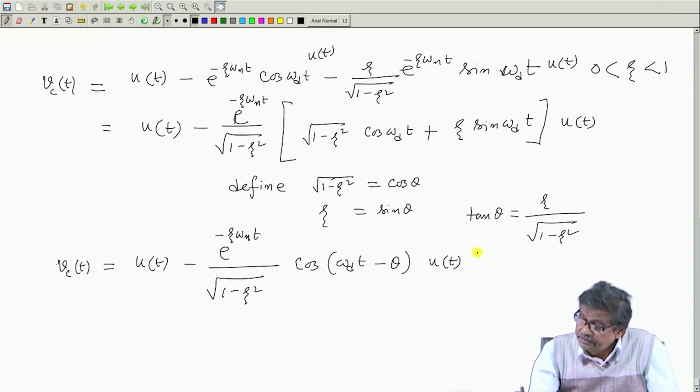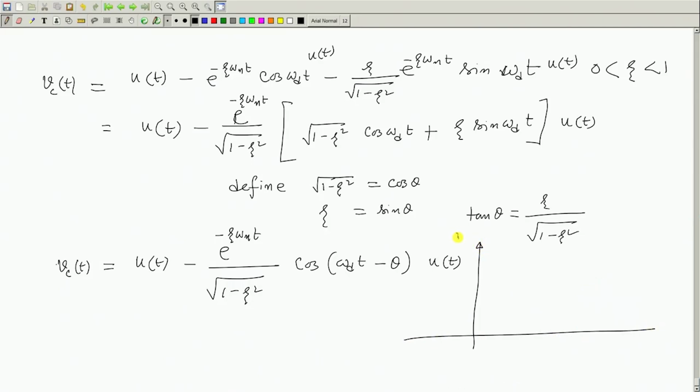Now, in this case if you sketch this capacitor voltage output VC(t), suppose this is the level 1, unit step, DC voltage is 1 volt. Then the solution will be, if you sketch it, it will be like this.